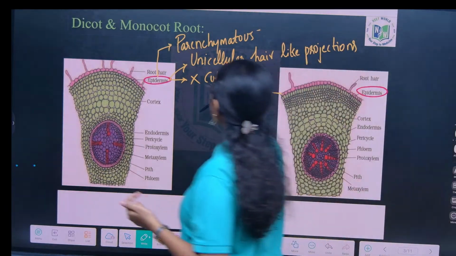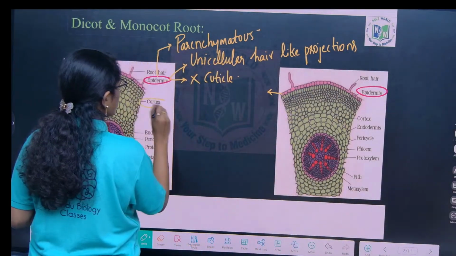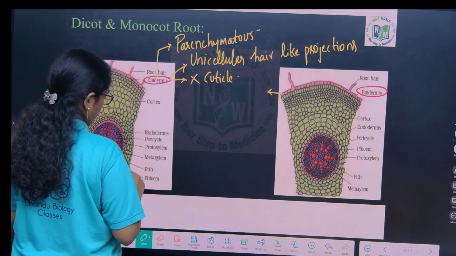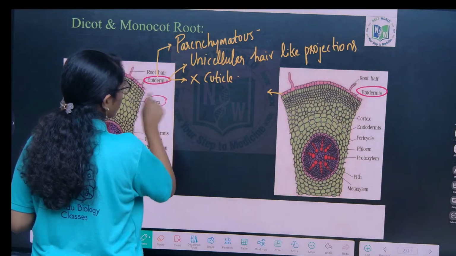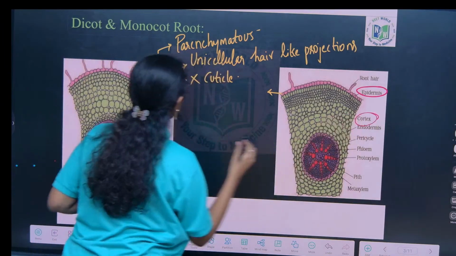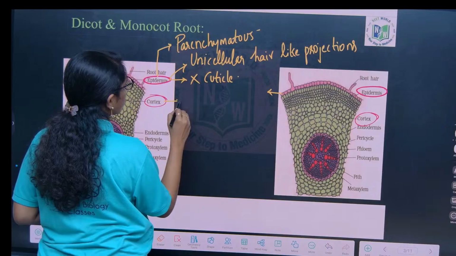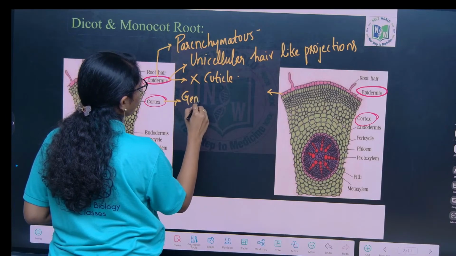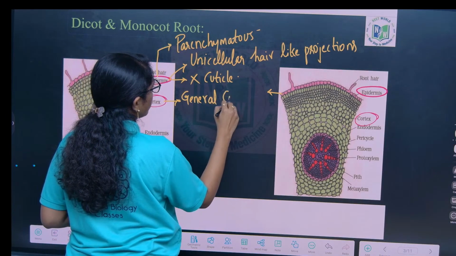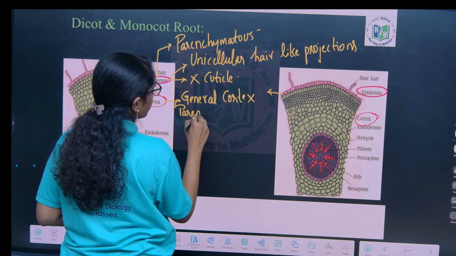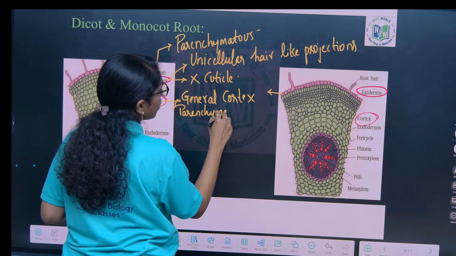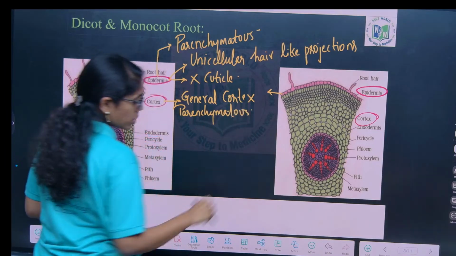Next. Next is the general cortex that is present. General cortex is also parenchymatous over here. General cortex is parenchymatous and it has intercellular spaces.